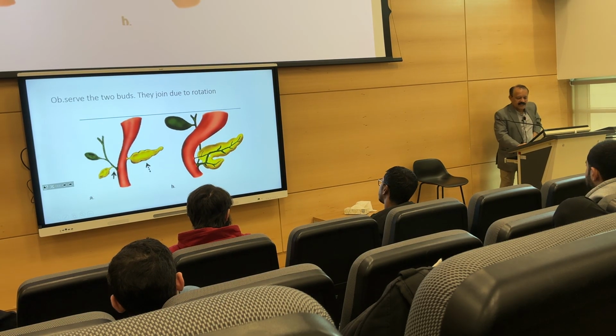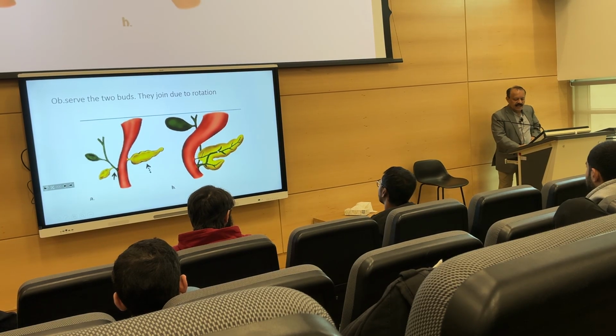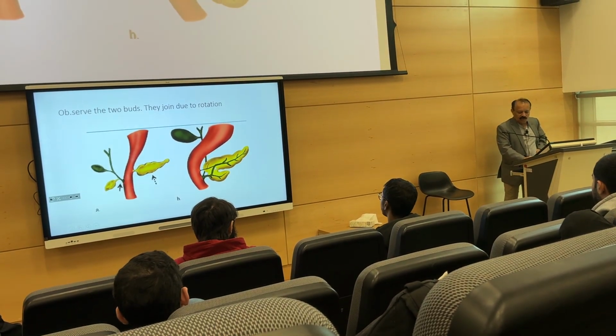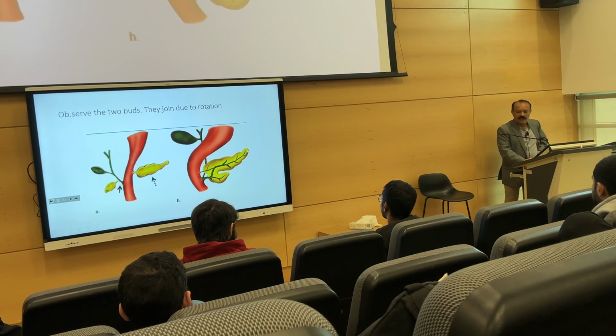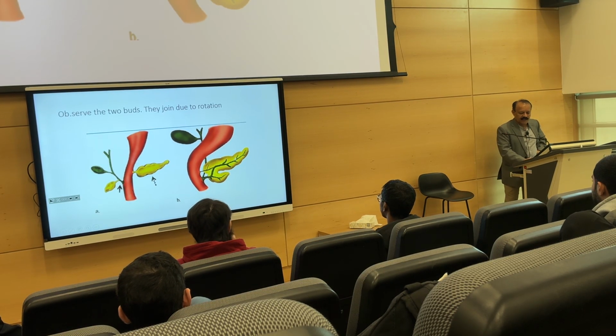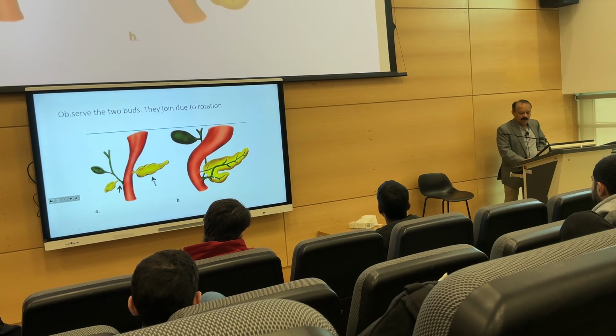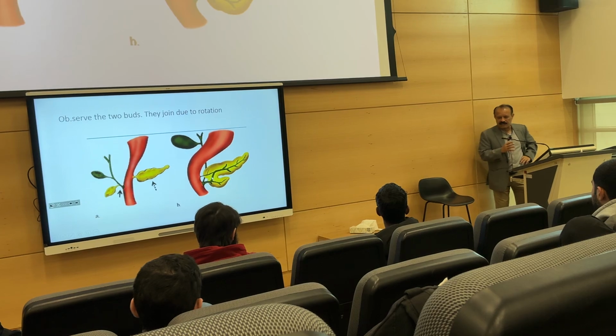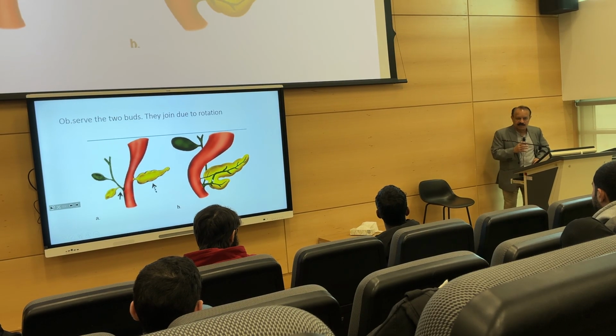If you see the pancreas, it has the head, neck, body and tail. You know that? Yes. Most of these are coming from the dorsal bud, the dorsal pancreas. The ventral bud is only forming the head of the pancreas, what we call the uncinate process.